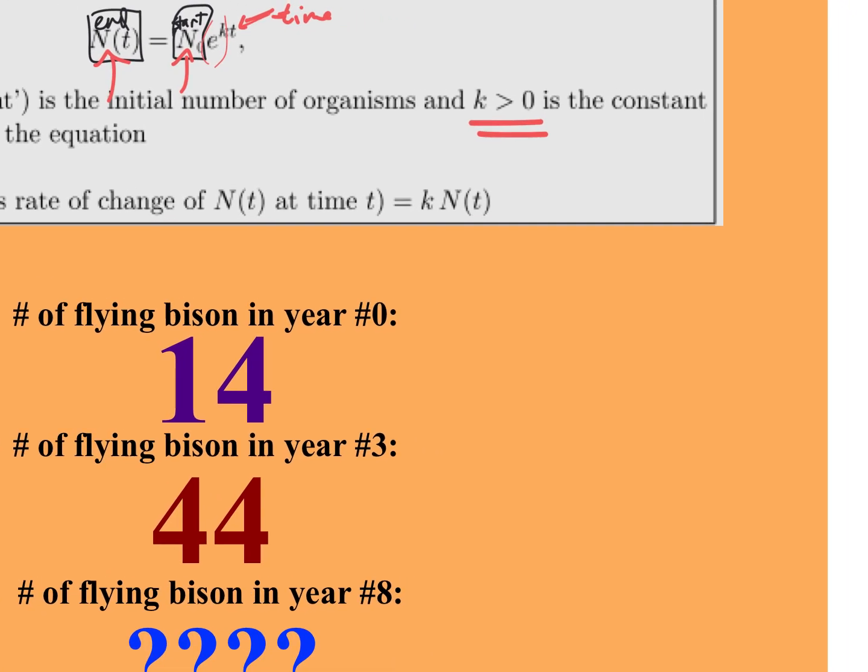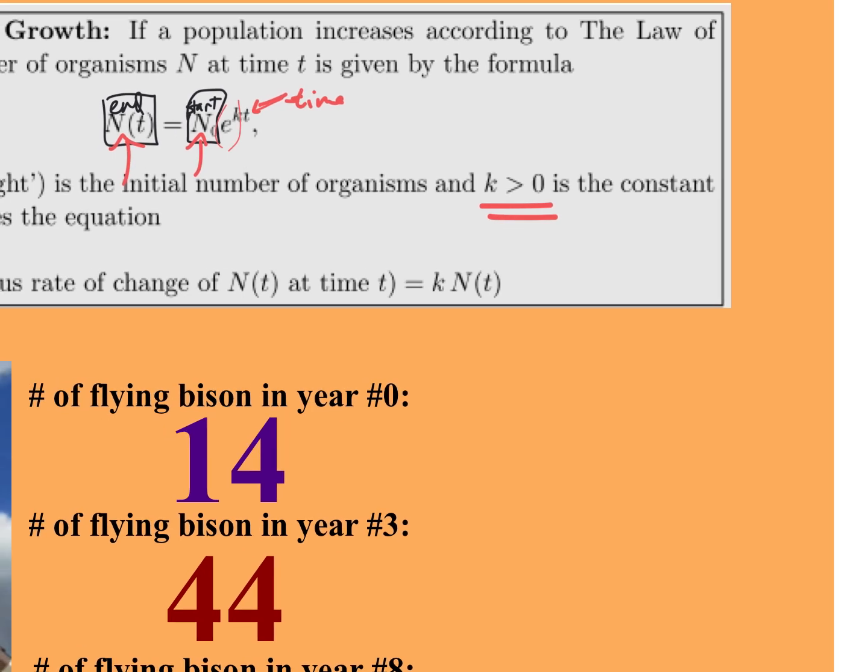So let's take our flying bison problem, where they've dug it up out of the ice and brought it back to life by using DNA and cloning and put it inside of an unfortunate elephant, and all of a sudden it grows to be a shaggy, woolly flying mammoth. I would put my end value here, which was 44 at year 3.